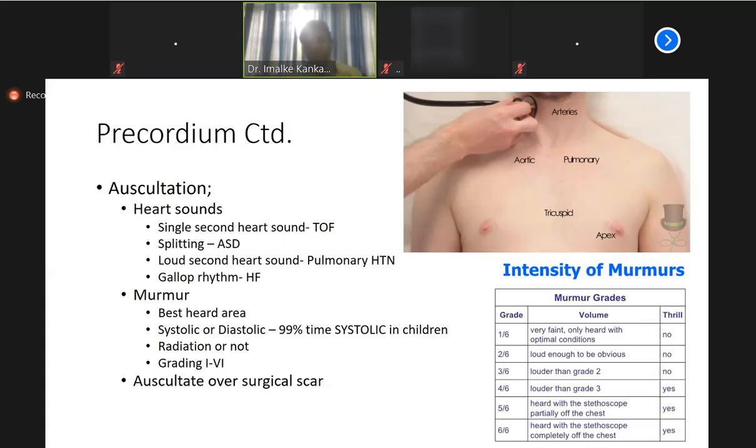If there's a thrill, murmur grading will be above 4, right? If there's no thrill, less than 4. So in your exam, most of the time, murmurs will be grade 3 if there's no thrill. If there's a thrill, most of the time it will be grade 4.